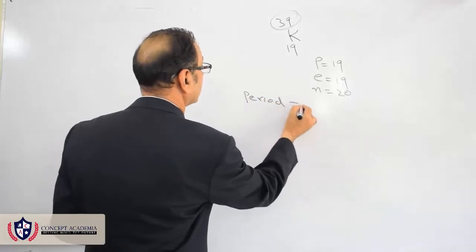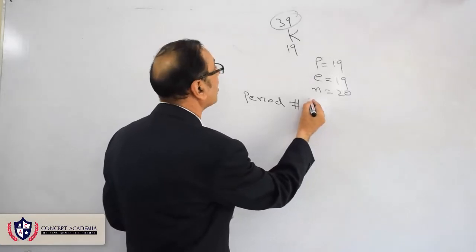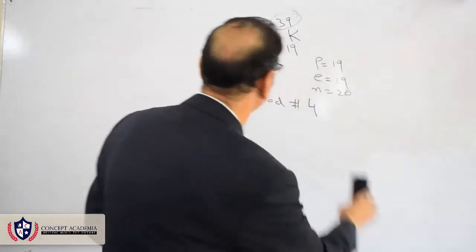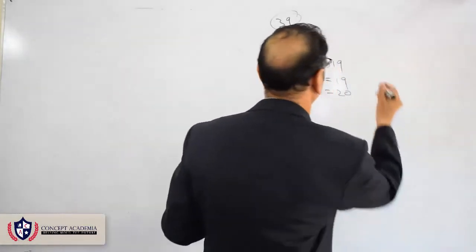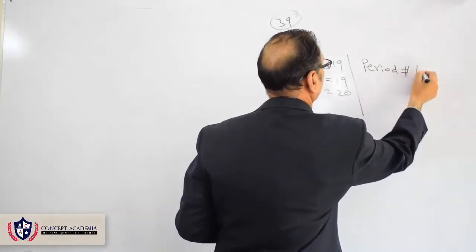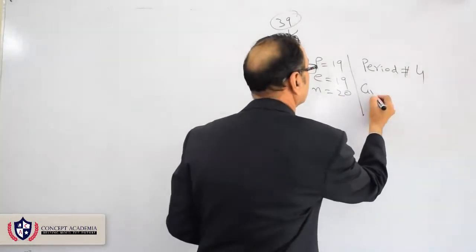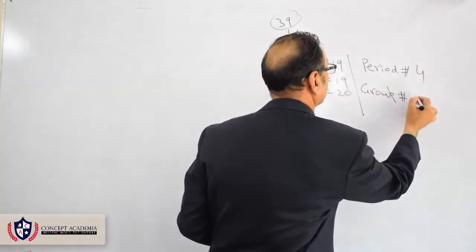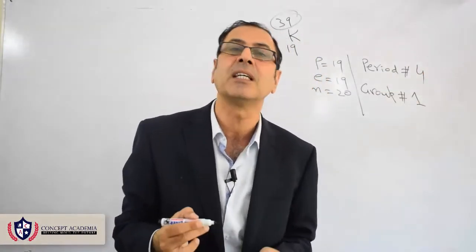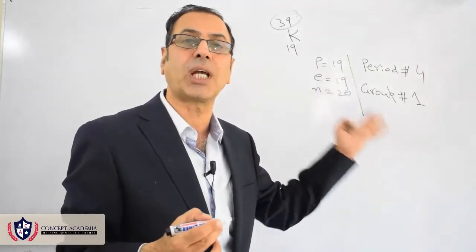The period number of potassium is 4, and the group number of potassium is 1. The period number tells us the number of shells, which is 4, so there are 4 shells in potassium.